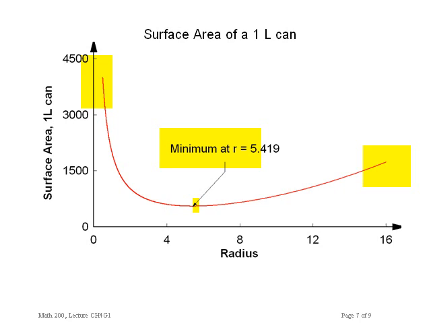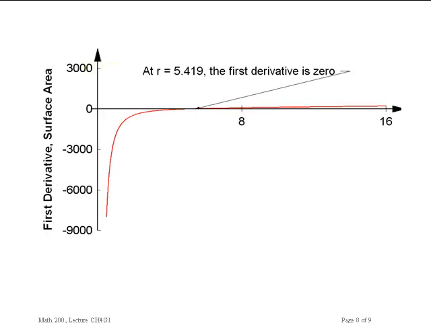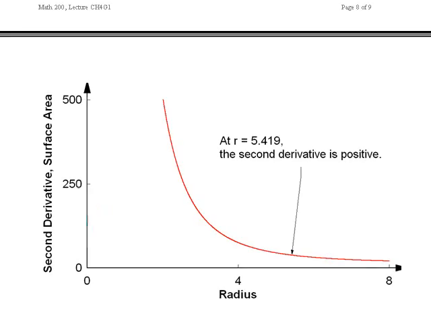We didn't have this graph to look at. Instead, we used the first and second derivatives. So let's look at plots of first and second derivatives too. Here's a plot of the first derivative. It crosses the x-axis. It is 0 at r equal 5.419. And now we'll look at the second derivative. And the second derivative is positive here.